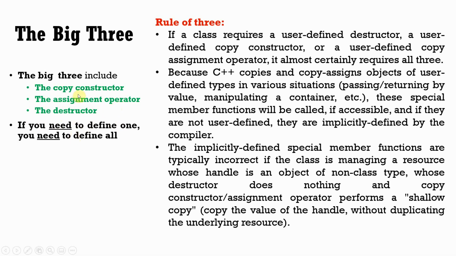So if you need to define one of them, you need to define all of them. It doesn't mean that if you don't define all of them, you're going to get an error, but it means that if you need the destructor, the copy constructor and assignment operator that the compiler generates for you are not going to do a good enough job for you, right?